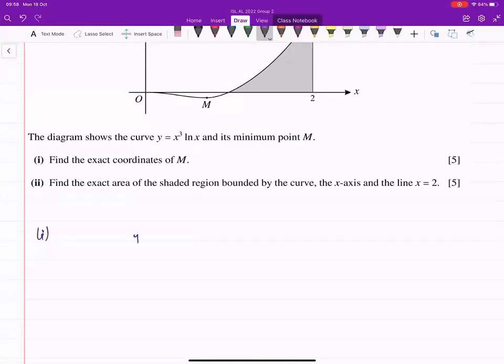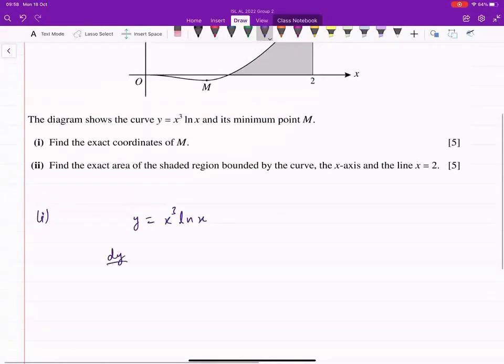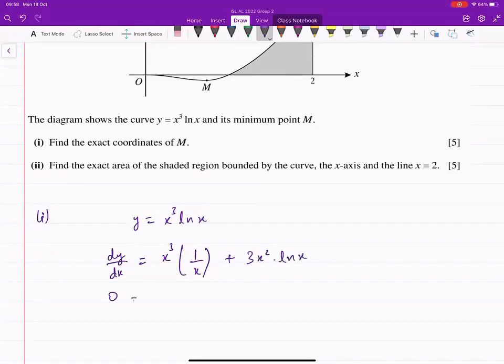You have the function y equals x cube into log of x. dy by dx: we apply the product rule. Keep x cube as it is, differentiate ln x. That's 1 over x, plus the derivative of x cube, that's 3x square, into ln x as it is. We put this equal to 0.